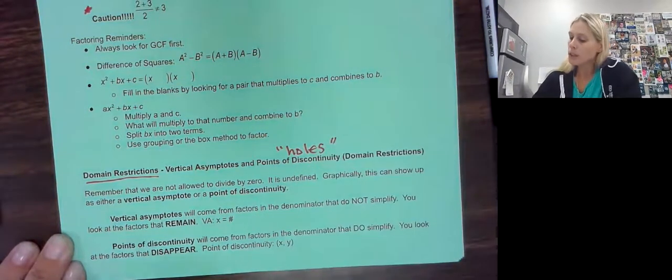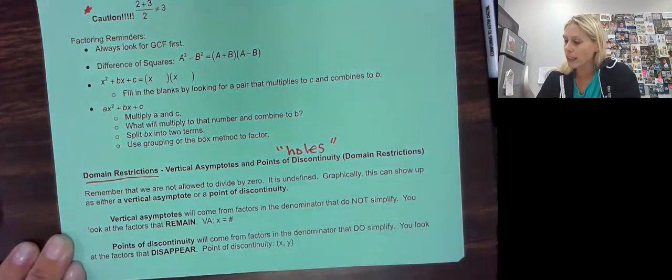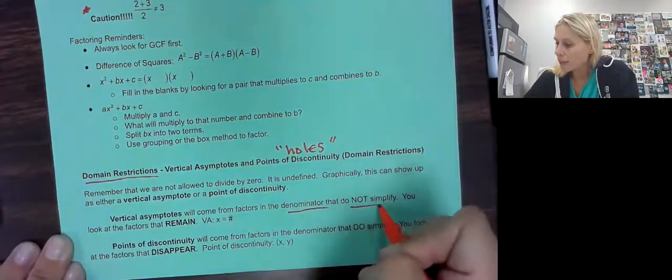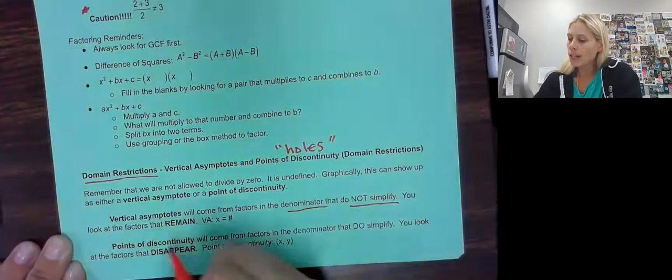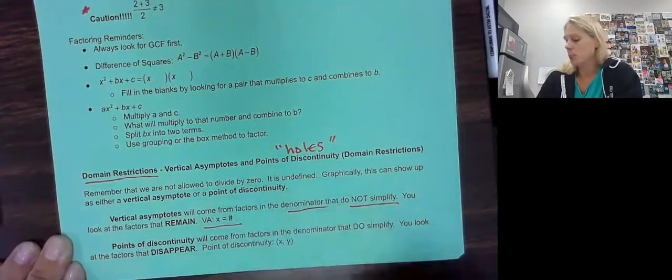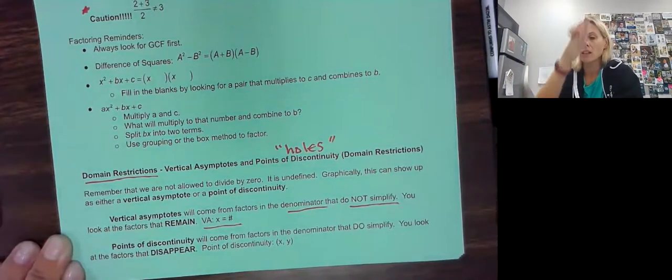Okay. So again, remember that we are not allowed to divide by 0. It is undefined. So vertical asymptotes will come from the factors in the denominator that do not simplify. You look at the factors that remain, and then this is how your answer is supposed to be: x equals a number, because it's a vertical asymptote. It's a dotted line, right?